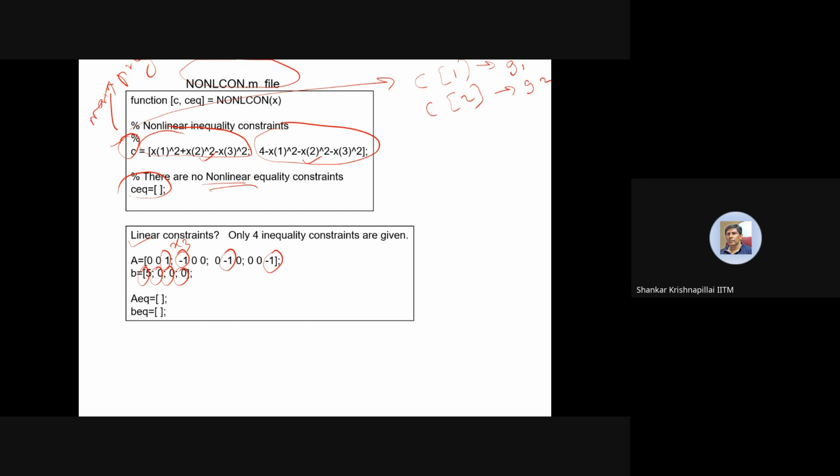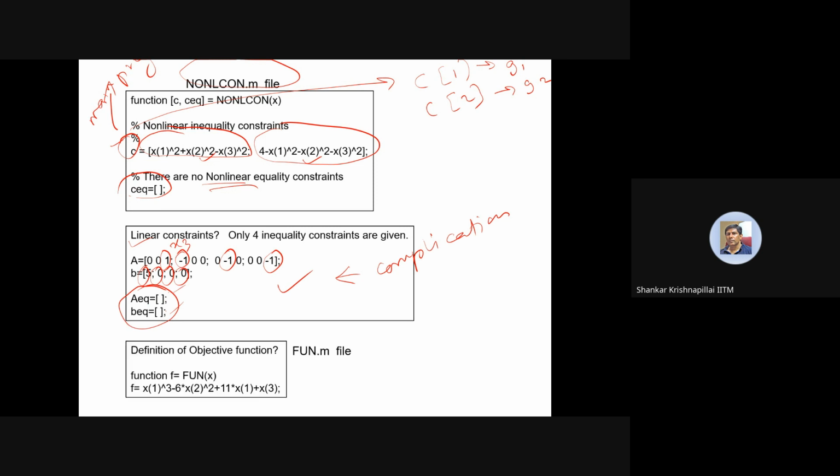The same thing can be written with lower bound and upper bound, so this is an unnecessary complication, but it will also work. Then there is no linear equality constraint, so it is set to null.